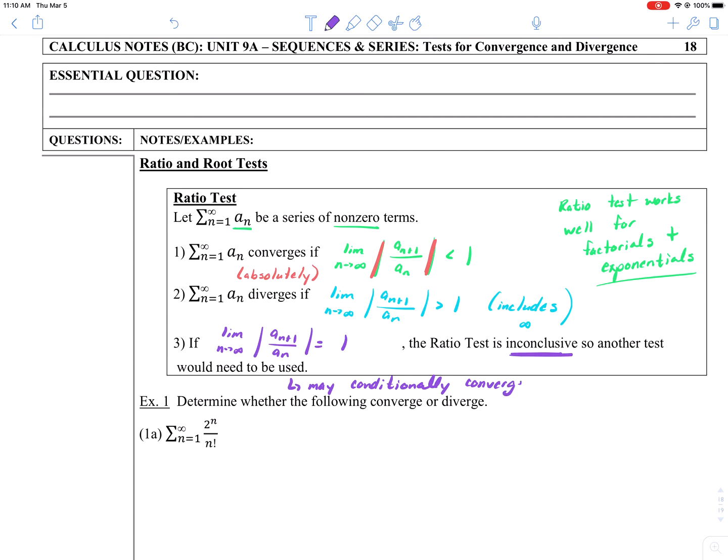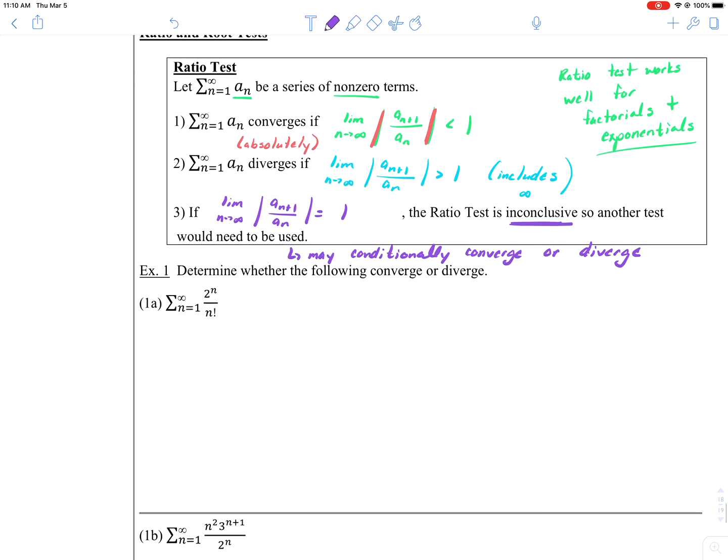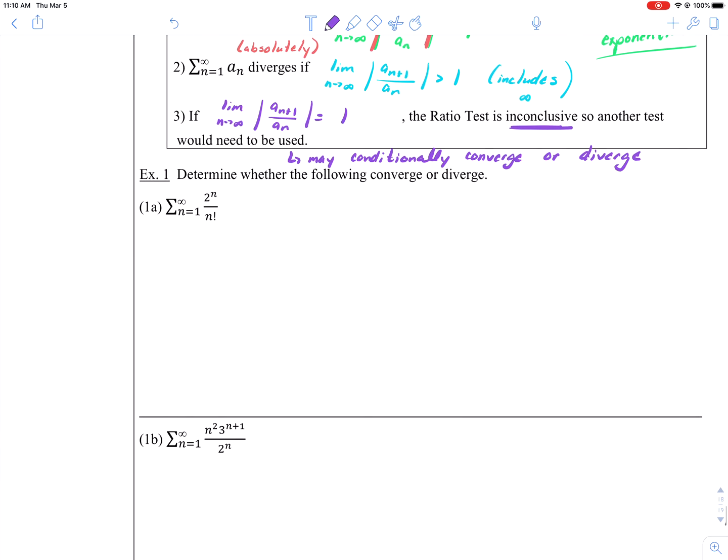So it's inconclusive, and we would have to use another test. All right, let's see what this looks like. This is very algebra heavy, but again, it works pretty consistently. So we like this test, and it's going to come into play whenever you use factorials and exponentials.